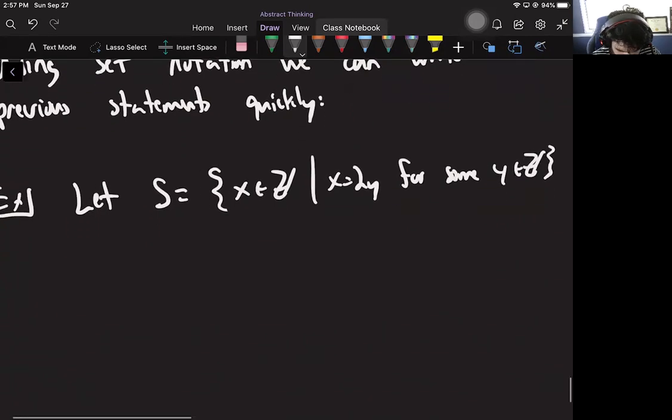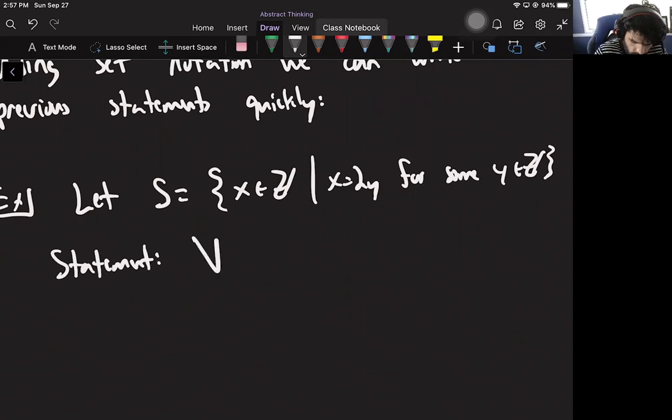Then I can write a statement very quickly. I can say something like this that we've seen before. For any X in S, I can use a different letter. I don't have to use X again. S is already defined to be the set, so I have to use that. But X can be a different letter. For any X in S, X squared is greater than or equal to 0. Oh, wait, sorry, that's not the one I want to do.